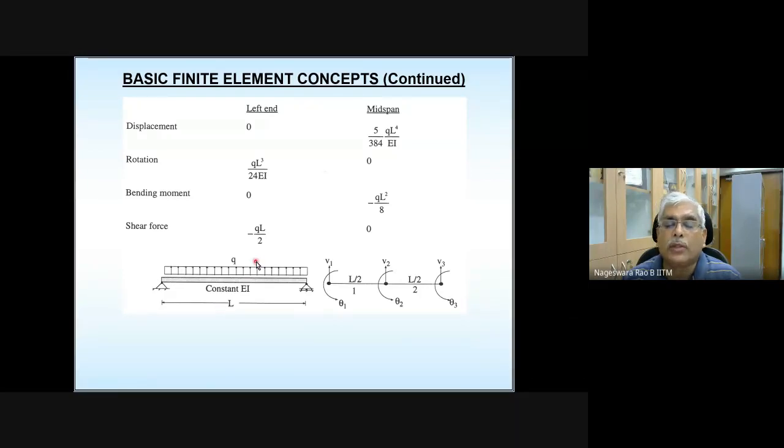So we are trying to solve this problem and see how accurate the solution is going to be. For this problem, a simply supported beam subjected to uniformly distributed load with constant flexural rigidity of span L.